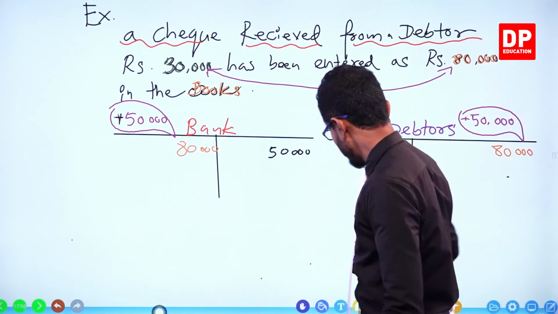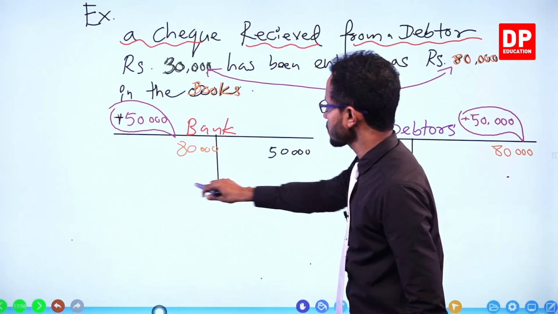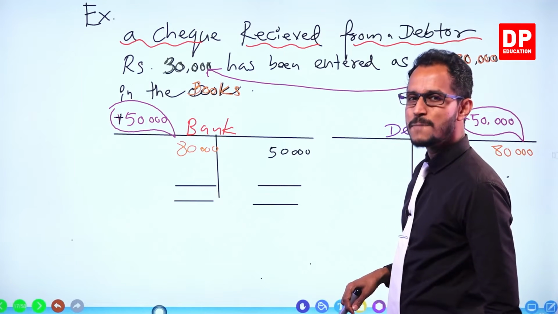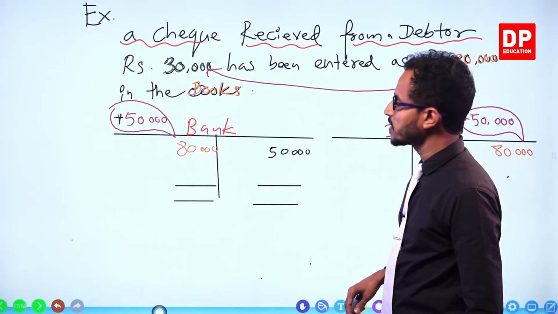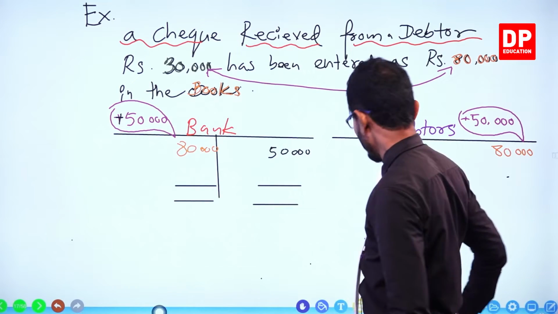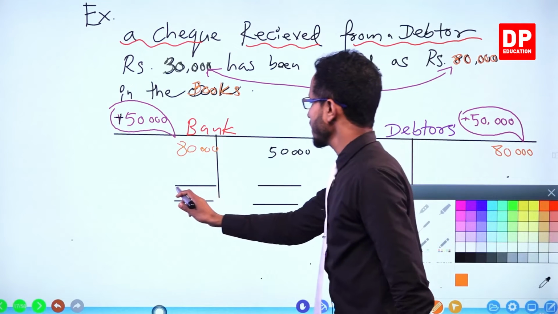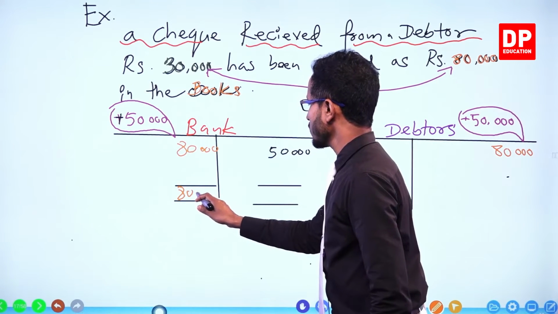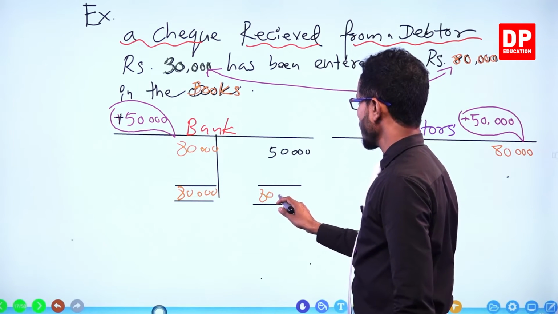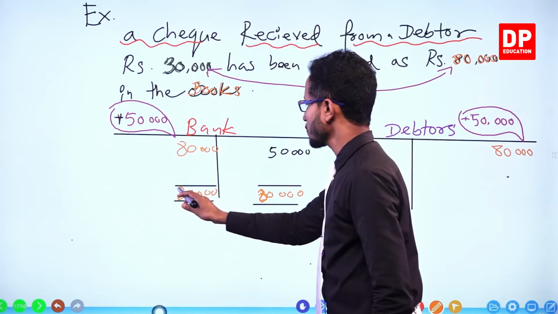And when you balance this account, it will be nicely balanced with 30,000 remaining in the debit side. When you balance, you will get 80,000, which is the higher value, and you will write it in the sum boxes. 80,000, the greater value.